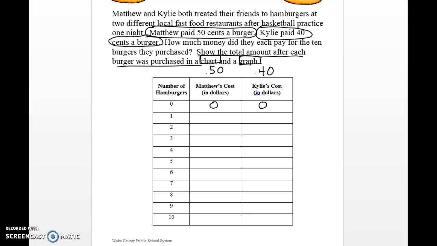Go ahead and fill out your chart in your packet. I'm going to fill in just a couple randomly, just to keep you on the right track.